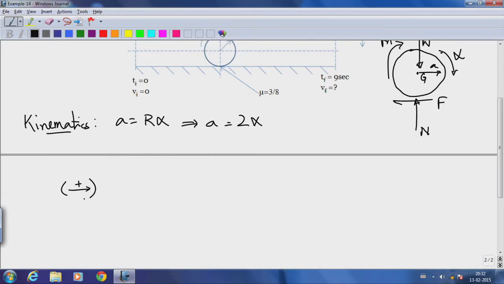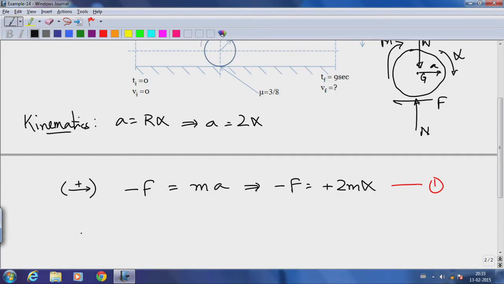If I take all forces to the right being positive, that says minus F equals m times A, which implies minus F equals 2 m alpha. I will call this our first equation.